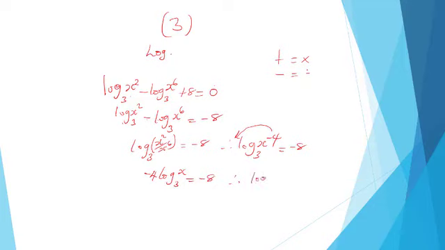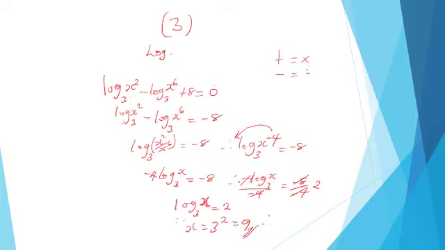So we have log x base 3, minus 4 divided by minus 4, is equal to minus 8 over minus 4. So that minus 4 cancels minus 4. We now have minus 8 divided by minus 4 is 2. So log x base 3 is equal to 2. So with this, x is equal to 3 raised to the power 2, which is equal to 9.